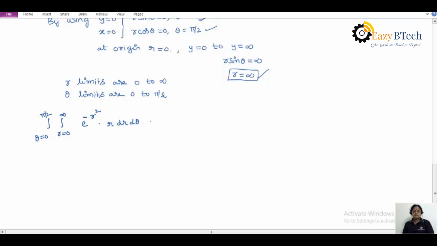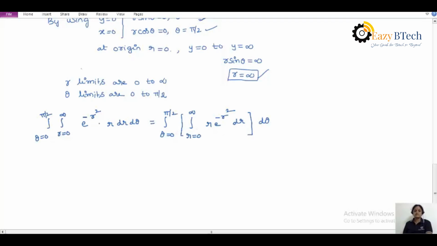At first I am doing integration with respect to r: integral r is 0 to infinity, r e power minus r square dr first, and next d theta.